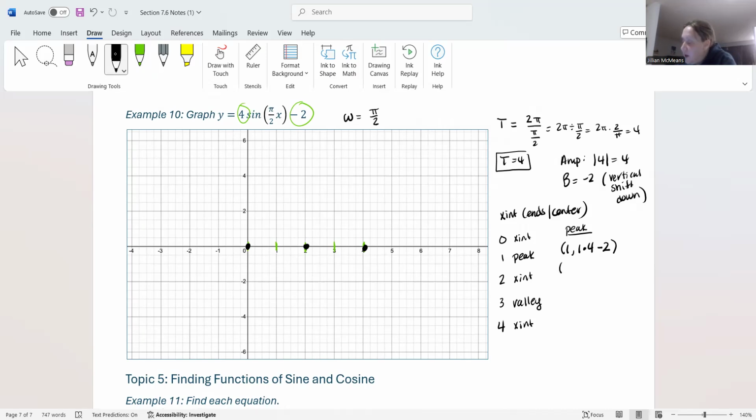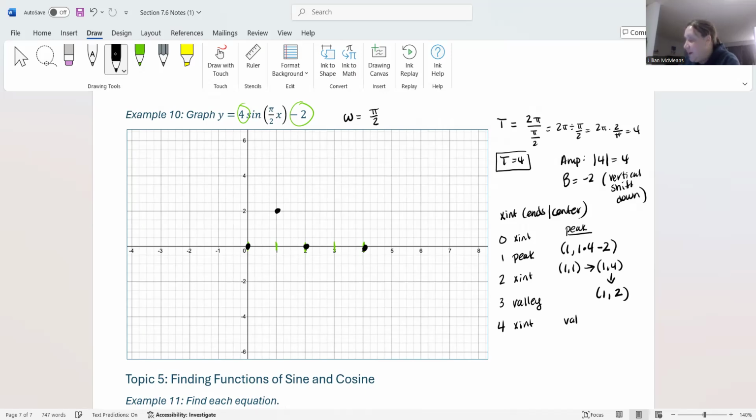So originally I had 1, 1, and then if I multiply it by my amplitude, I get 1, 4, and then finally, if I subtract 2 from the y-coordinate, that shifts my graph down. So I have the point 1, comma 2. So that is my max, okay?